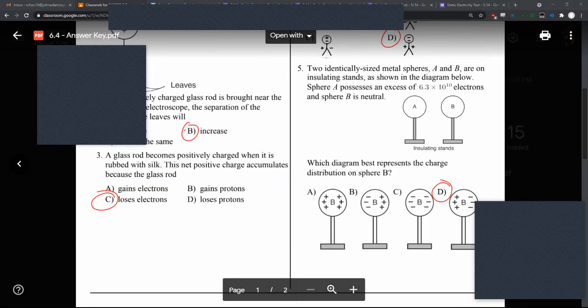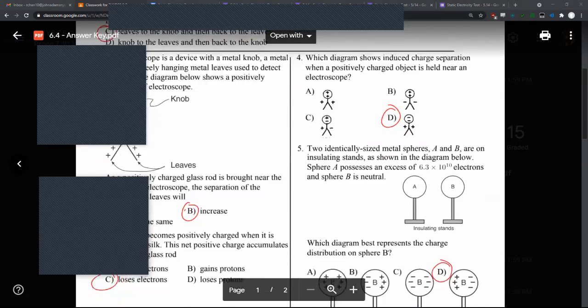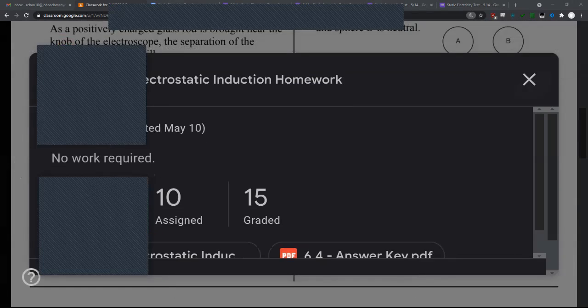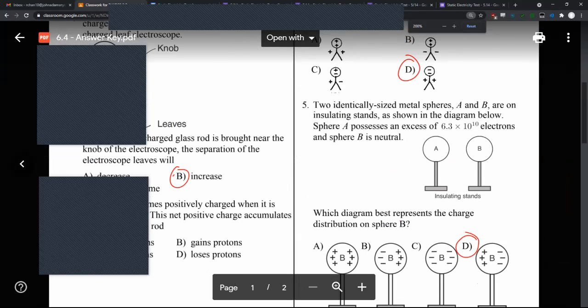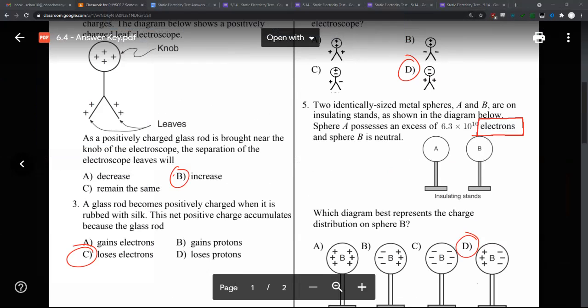The only thing I changed from your homework question was that instead of saying you had an excess amount of electrons, which is what your homework question said, I changed this to an excess amount of protons.